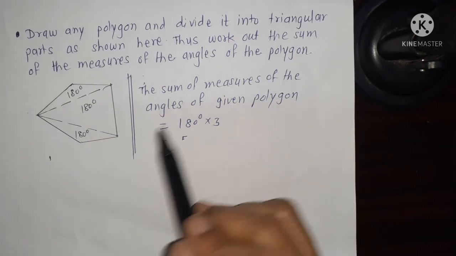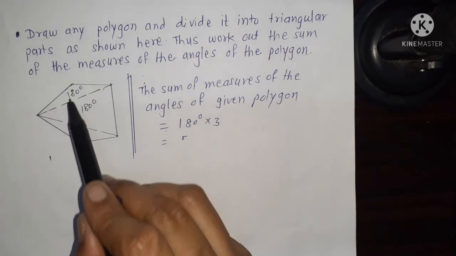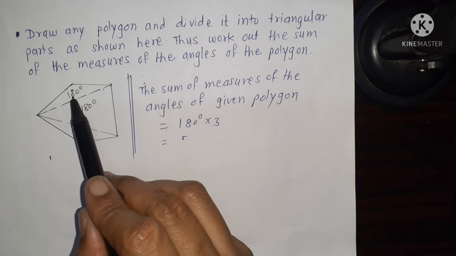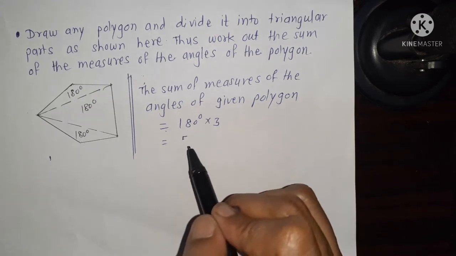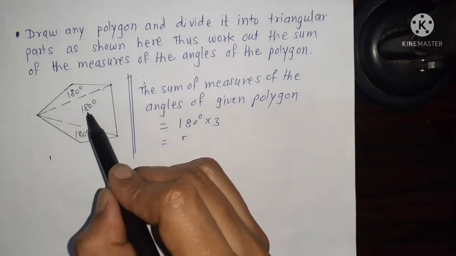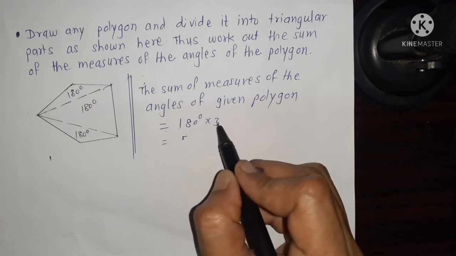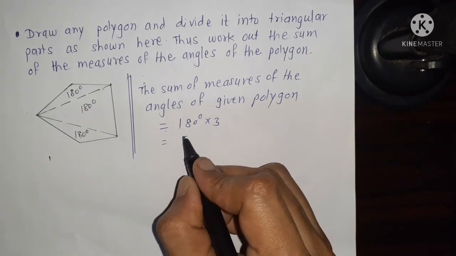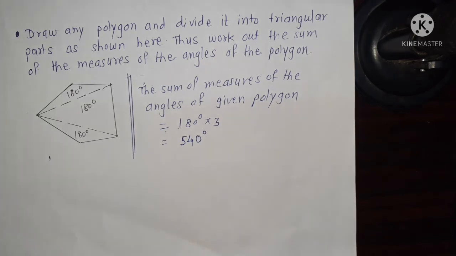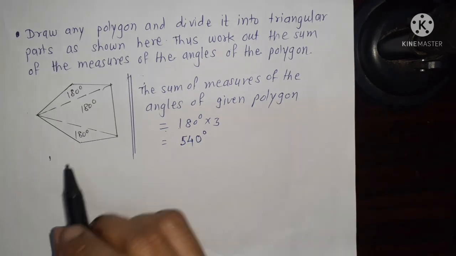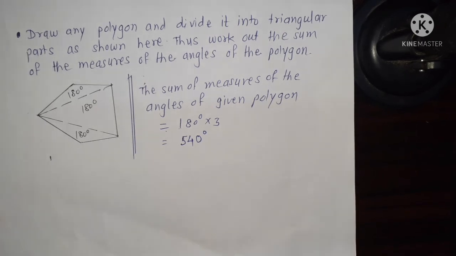In one triangle, the sum of all angles is 180 degrees. Here we get 3 triangles, so multiply 180 degrees by 3. The answer is 540 degrees. So the sum of the measures of the angles of this polygon is 540 degrees.